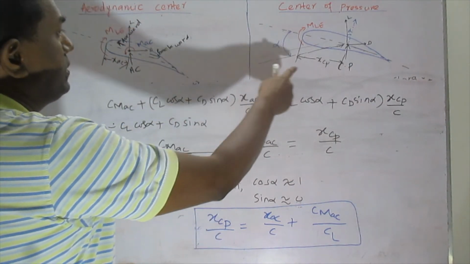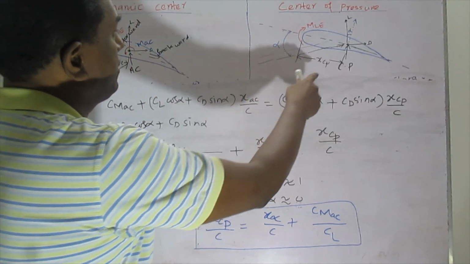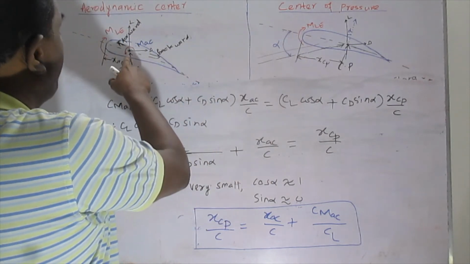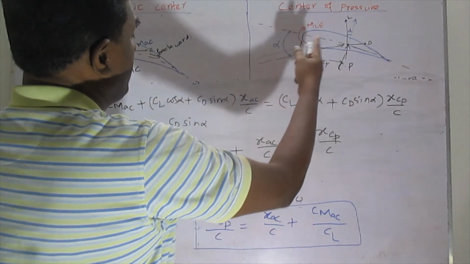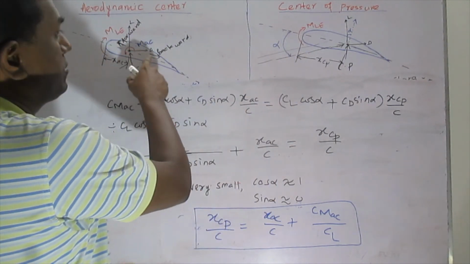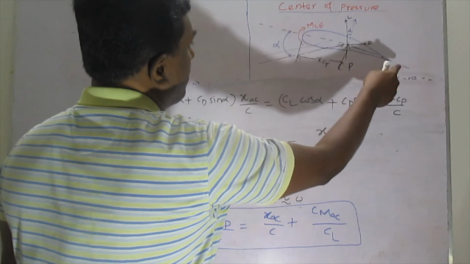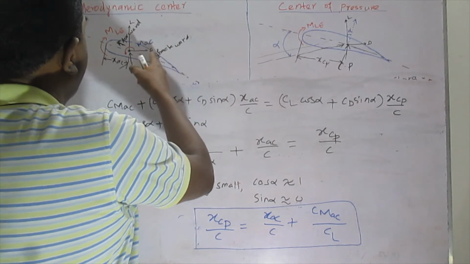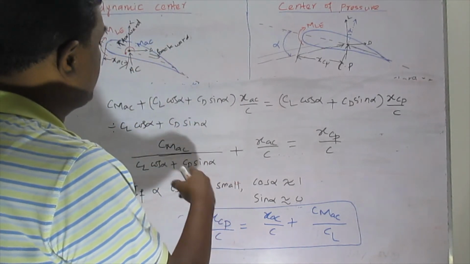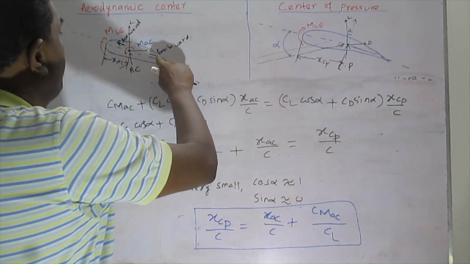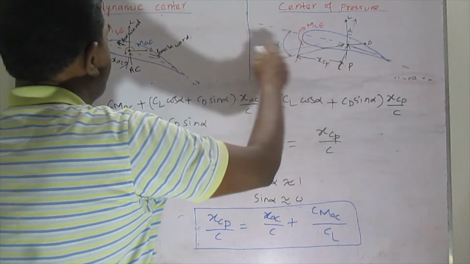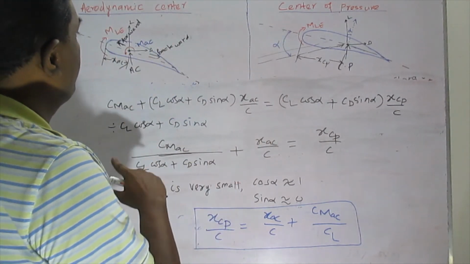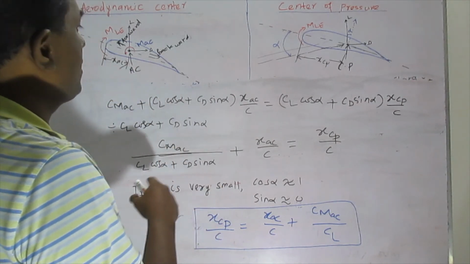Now with respect to this forward and backward position, if the center of pressure is backward of the aerodynamic center, then this will create an anti-clockwise moment. That is generally taken as negative. And if the center of pressure is ahead of the aerodynamic center, then that will create a clockwise moment.